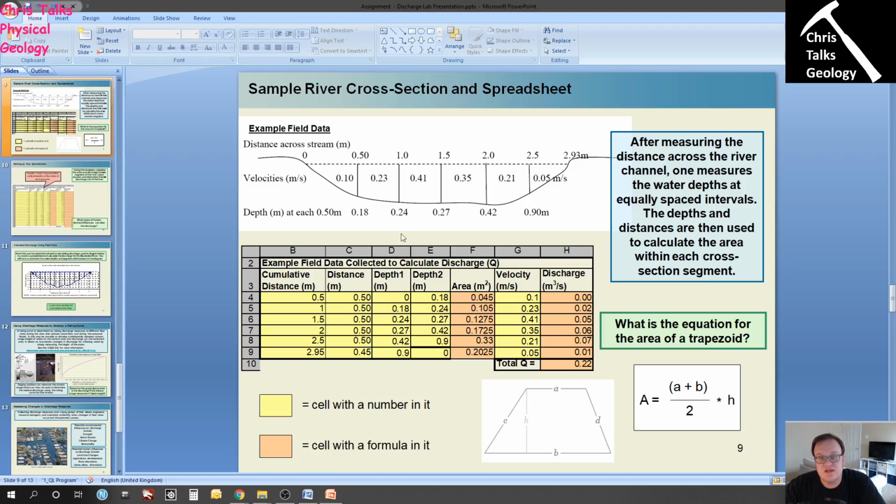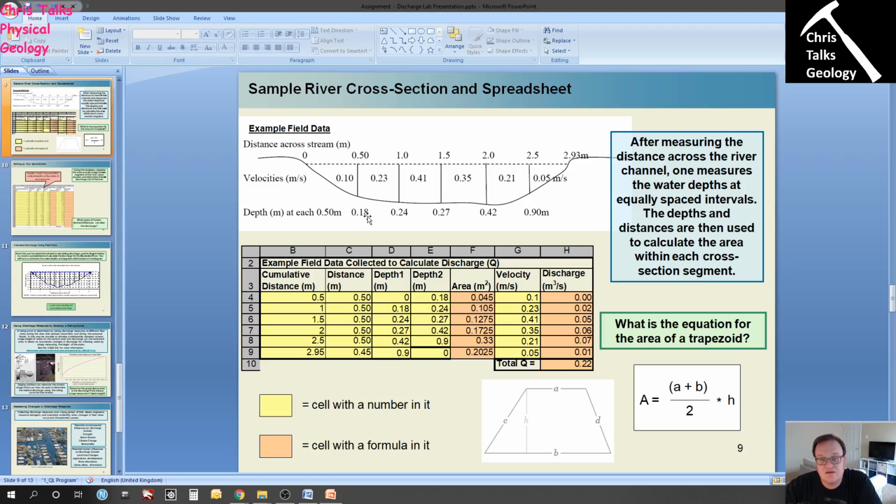So for instance, if I wanted to calculate the area for this slice here, what would I do? Well, first of all, I need to know the depth. I need to know the depth on this side of the slice and this side of the slice. And obviously I know the depth here is going to be 0, so that's relatively straightforward.